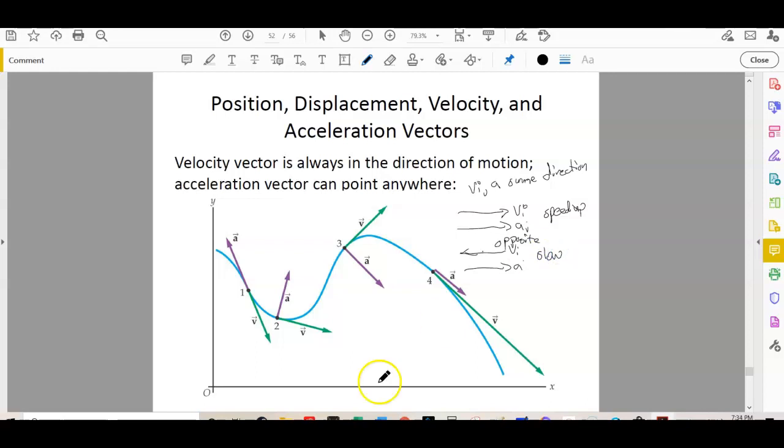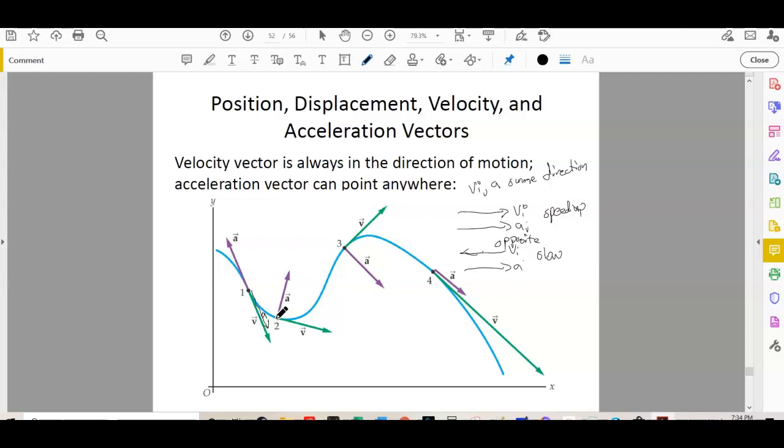So if this object was on a track now, if we consider this as a track and we're looking at it from the side, well, the object would be, at this point, moving down the track here, and if it's speeding up, that means it's going to have an acceleration vector pointed in the same direction that it's moving, right?